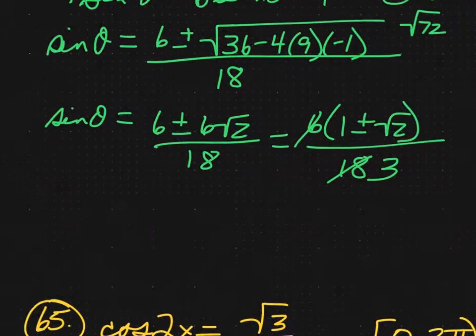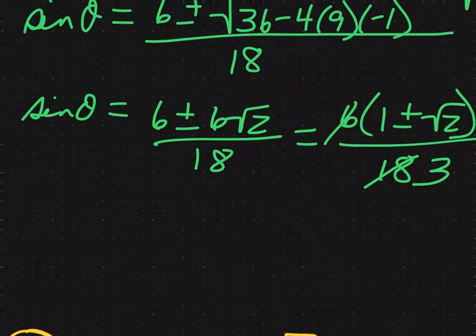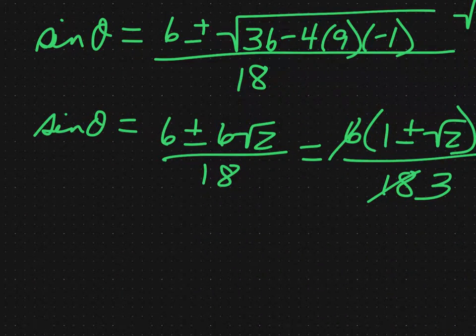So now let's get a decimal, and then we can go to our calculator. So sine of theta will equal, if we take 1 plus the square root of 2 and divide it by 3, we'll get 0.8047.